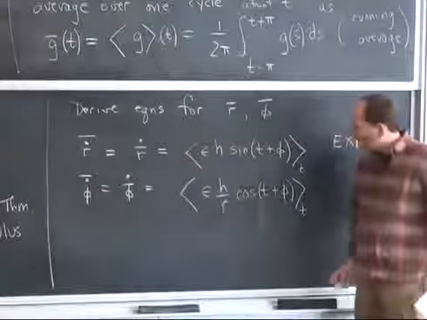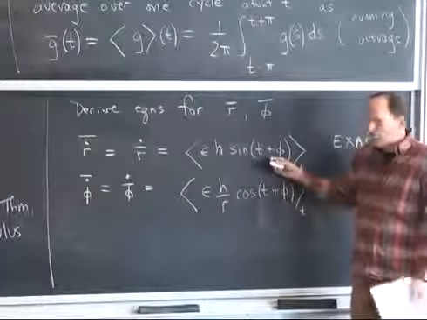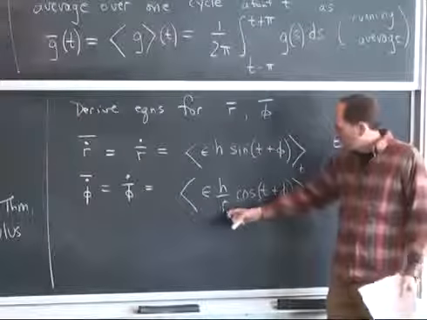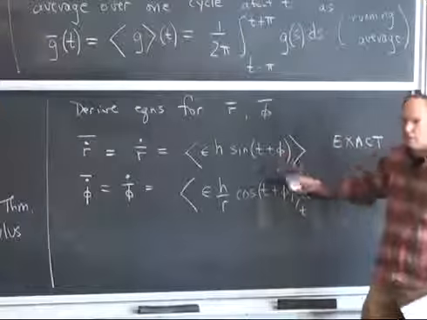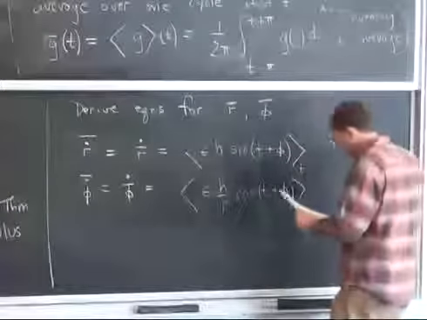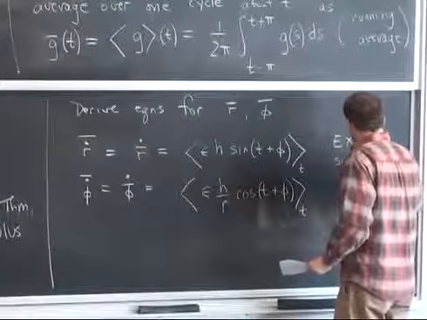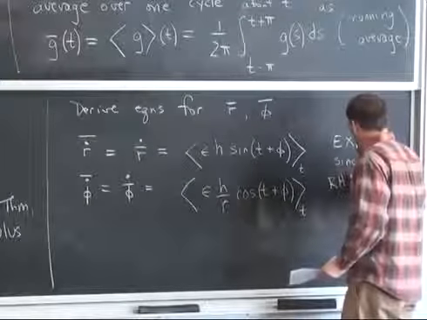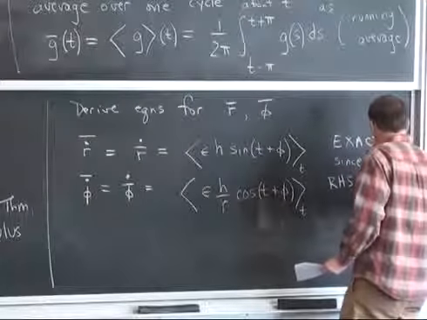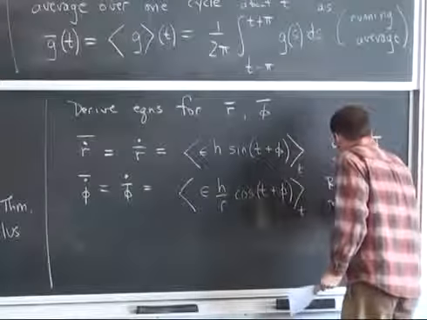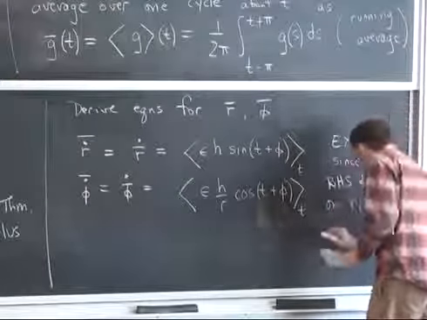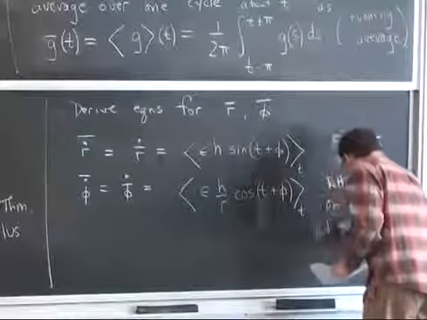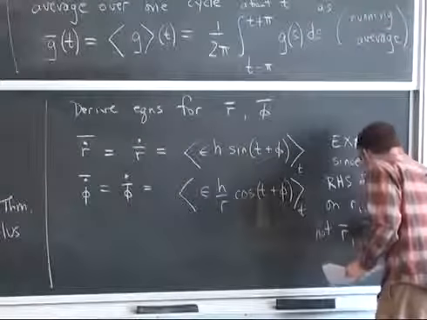But notice that there are no r bars and phi bars on the right-hand side. We just have ordinary r unaveraged and ordinary phi. So this is exact since the right-hand side depends on r and phi, not r bar, phi bar.